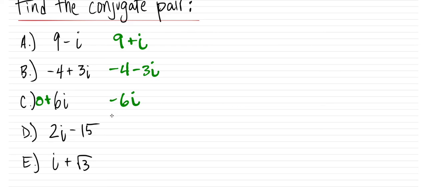The second one is normally imaginary numbers, but if you look at D, the imaginary number is first. So it'd be negative 2i, and then how about the second number? Plus 15? Close. Negative 15? Minus 15. I like how you listed every option though, because then one of them's right.